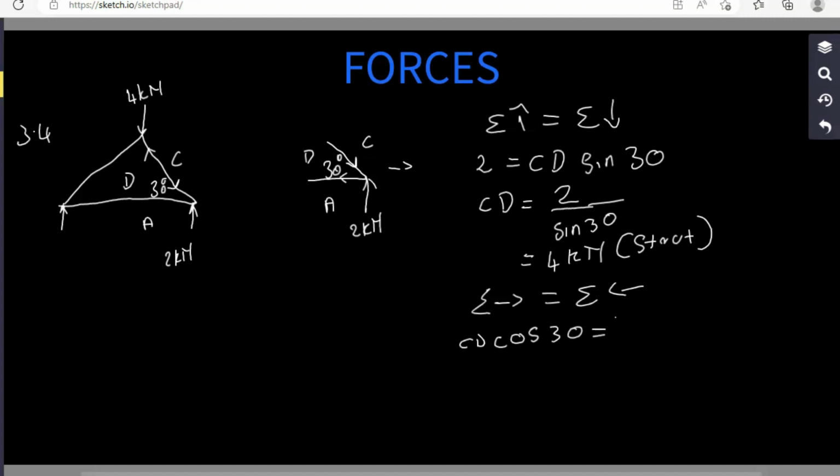AD is equal to CD, which is 4, times cos 30.